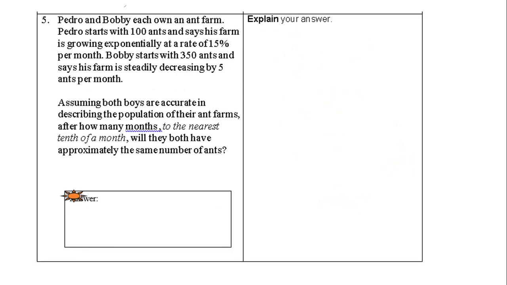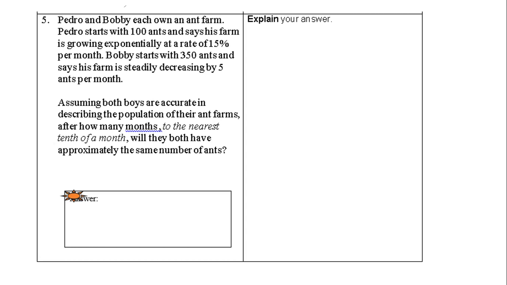Okay, so number 5 has a combination of a couple of different things. First, it has Pedro, which has an ant farm, and he starts with 100 ants, and it's growing exponentially. So remember, exponential functions are in the form of y equals ab to the x power.